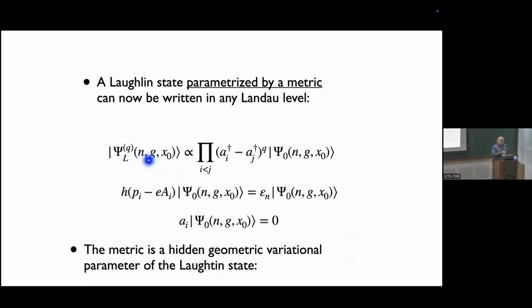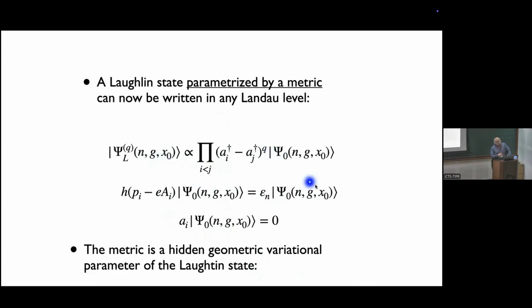It depends on the metric that was used to define these operators. Usually you'll see these operators as just z, or since I've been Americanized, z_i minus z_j to a power q. But z is really a dagger, the raising operator, which pushes you outwards from the center of this onion ring style basis. So the Laughlin state actually contains within itself a hidden geometric parameter.